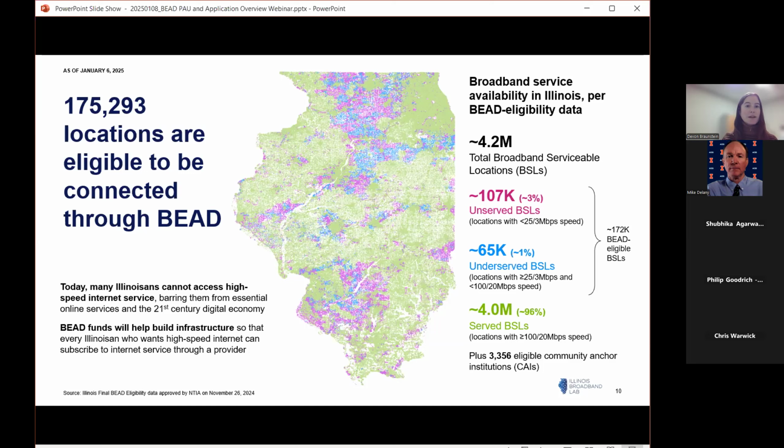So for a total of just over 175,000 locations. And you can see on the map kind of how they're spread out here. But that PAU map, which we'll share today, will give you kind of a double click into different areas.